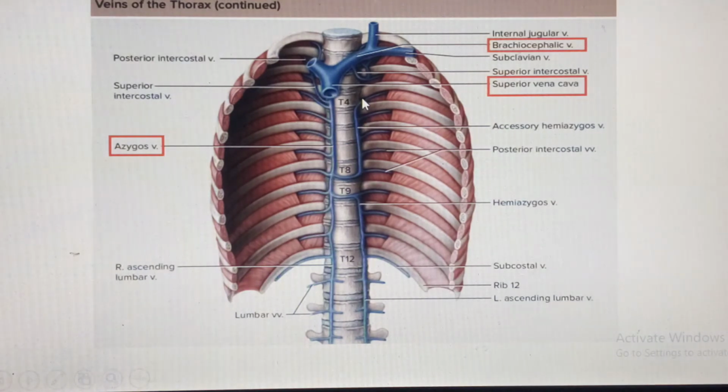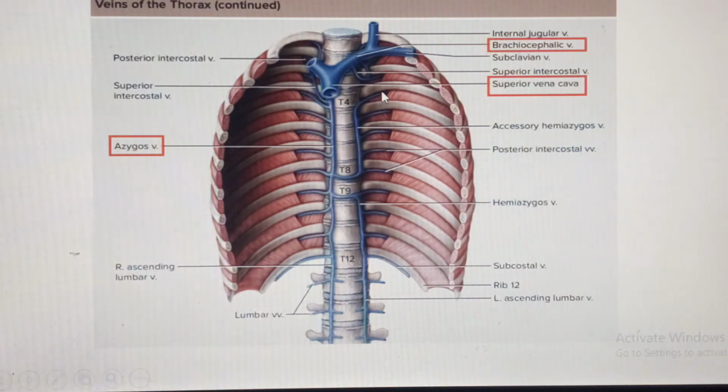However, in the case of the fourth posterior intercostal vein, the third and the second, they also combine on the left side, just like we saw on the right side, and form the superior intercostal vein.